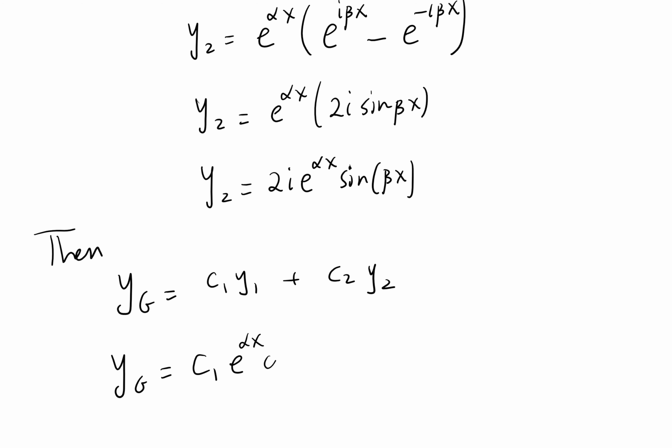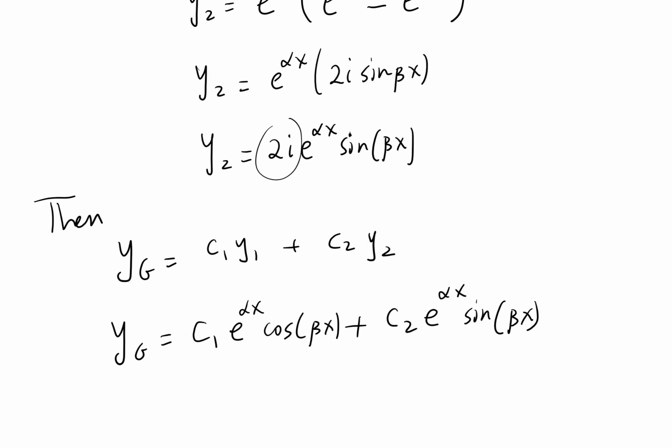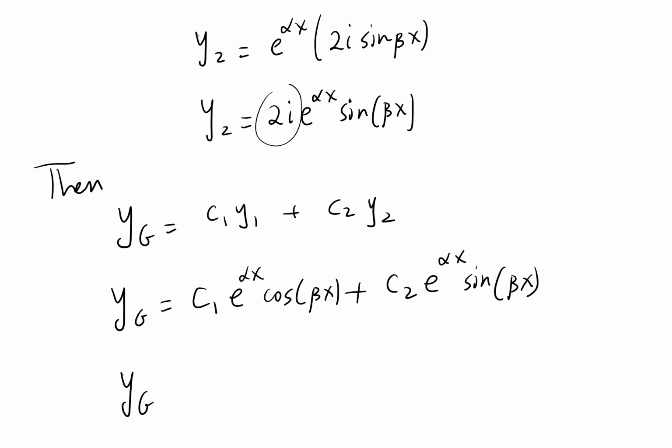Plus C2 times e to the alpha x sine beta x, where the constant also takes the 2i within C2. And this can be rewritten by factoring e to the alpha x out, which leaves C1 cosine beta x plus C2 sine beta x.